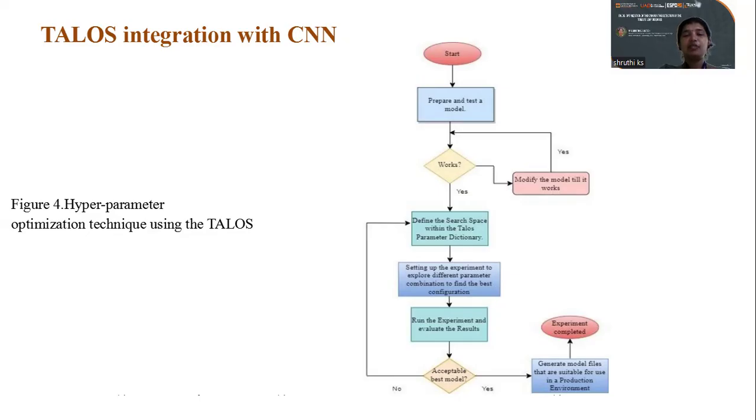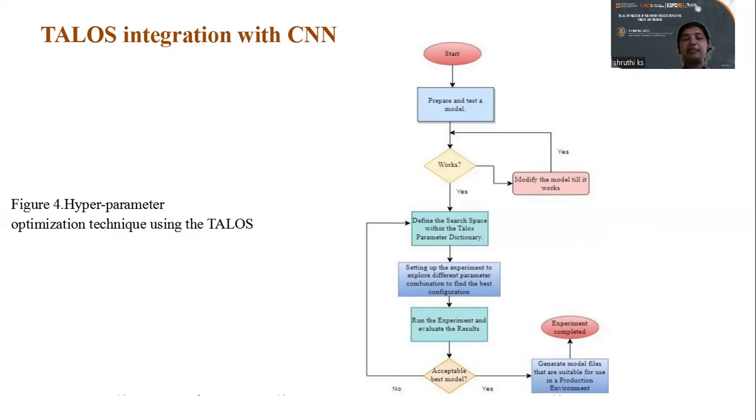Once this part is over, next we can go for hyperparameters. In the hyperparameters step, we need to select the hyperparameters and the search space for each hyperparameter with the help of the Talos parameter dictionary. Once the hyperparameter space is defined, we can conduct the experiment and explore the different parameter combinations, and from those we can take the best configuration.